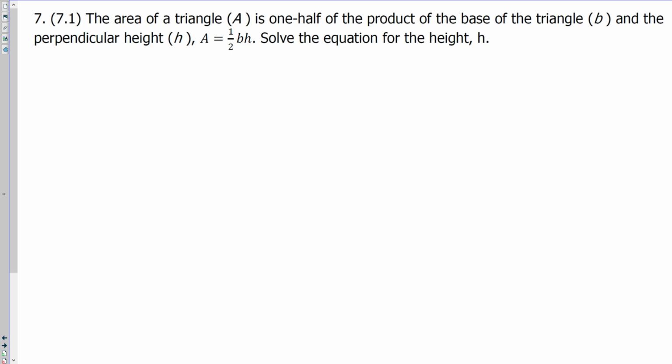So what I'm going to do is write down my original equation, and we want to use our algebra rules to get the h by itself. Now this one is particularly tricky because we have a fraction involved. We have the 1/2.